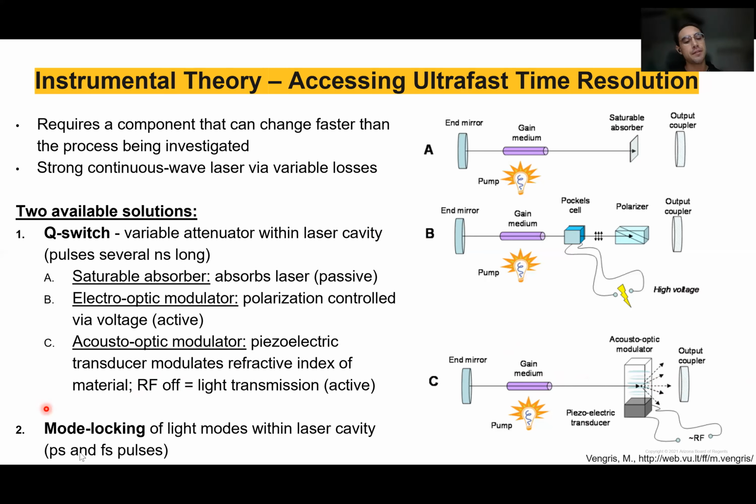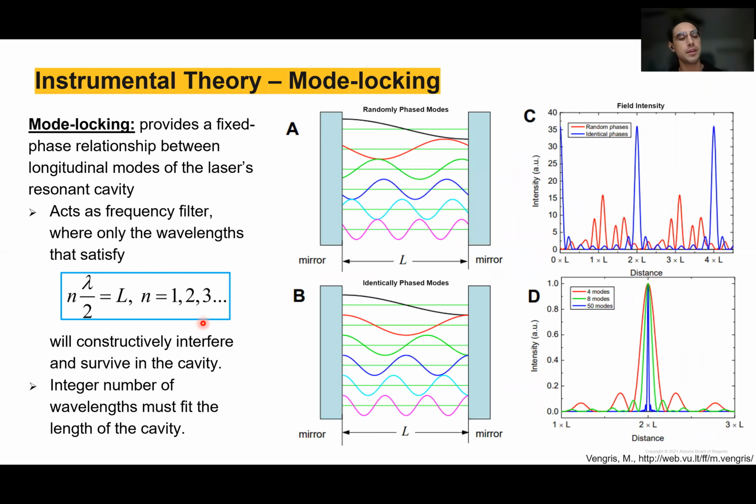The second available solution is called mode locking of the light modes within the laser cavity. This is how we're able to access picosecond and femtosecond pulses. I'm going to talk a little more about that in this slide. Mode locking provides a fixed phase relationship between the longitudinal modes of the laser's resonant cavity.